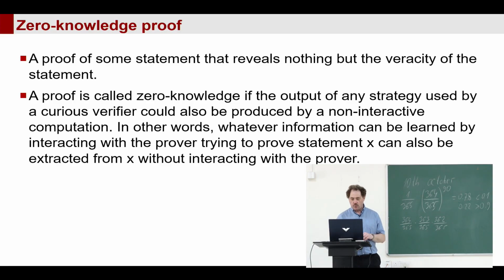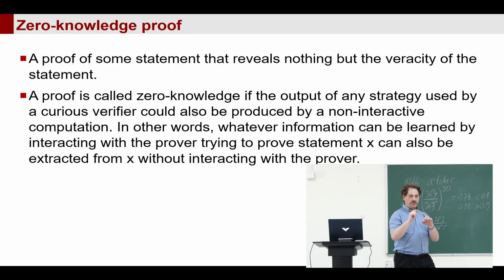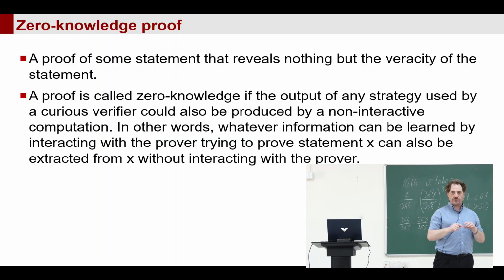In other words, whatever information can be learned by interacting, by me as a verifier asking the prover a lot of questions, can also be extracted from the initial information without any interaction. I learn nothing apart from the statement itself and its veracity.